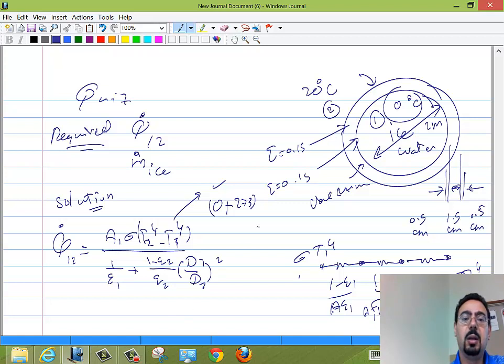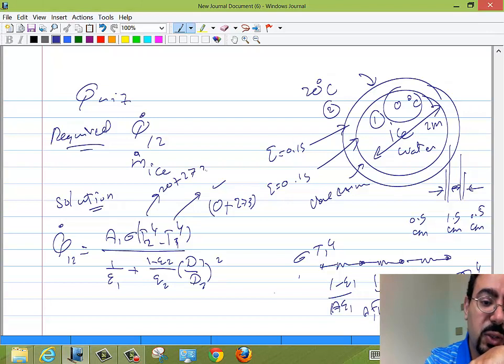The T in this T to power 4 should always be in Kelvin, and the ice is sitting at 0 degrees. So T1 is 0 plus 273, and T2 is 20 plus 273.